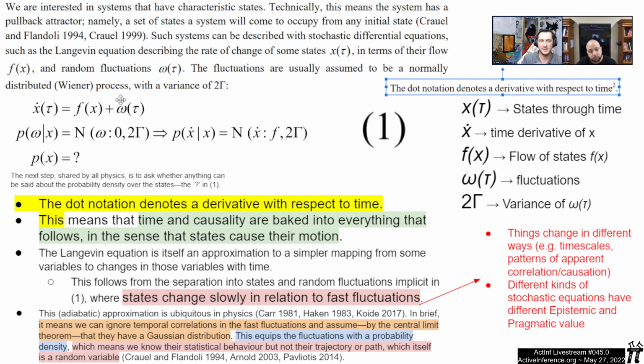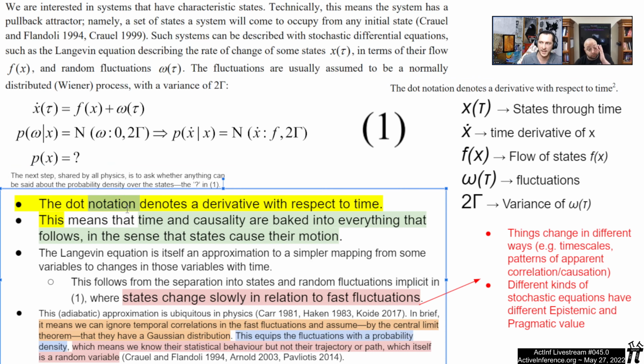And this separation of scales is going to come back again and again. So dot notation, again, means the derivative with respect to time, so how things are changing through time. This yellow means that time and causality are baked into everything that follows, in the sense that states cause their motion.